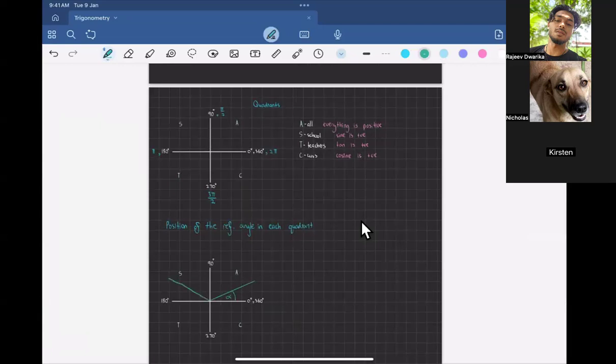Right, and alpha is the reference angle we'll be looking at. And it's present in all the other quadrants, even if you don't see it. And we use the reference angle to figure out all the other angles. That's the purpose of it.